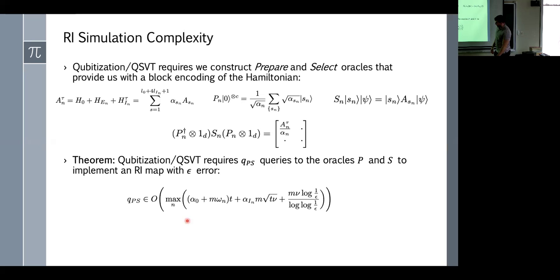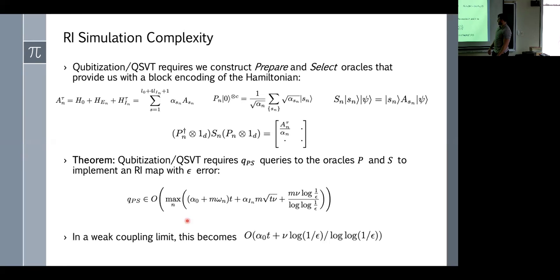So if we try and simplify this and work in some weak coupling limit where the alpha naught term dominates over the interaction, because we're usually working in weak coupling in the first place, we get a complexity that looks like this. Again, if you compare it to the one I introduced at the very beginning, it looks optimal except for this new parameter, which we're converging to in the case of using repeated interactions in the first place.